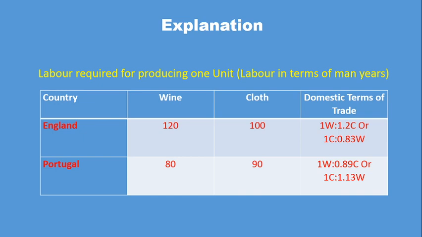Moreover, Portugal has a comparative advantage over England in the production of wine relative to clothes, because the labor cost involved in producing 1 unit of wine in Portugal is only 67% of that in England.